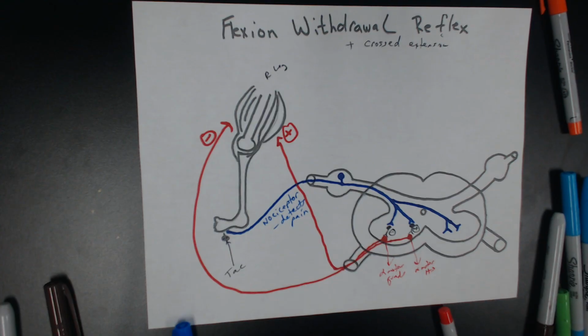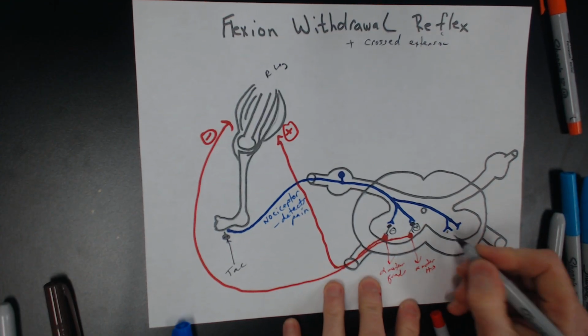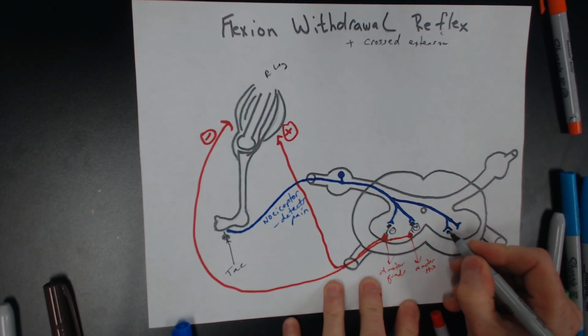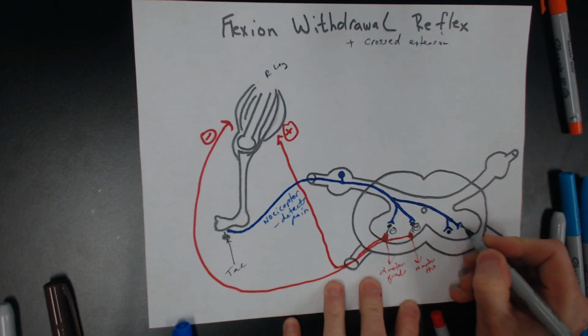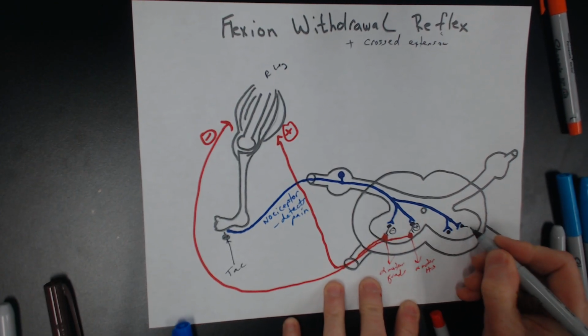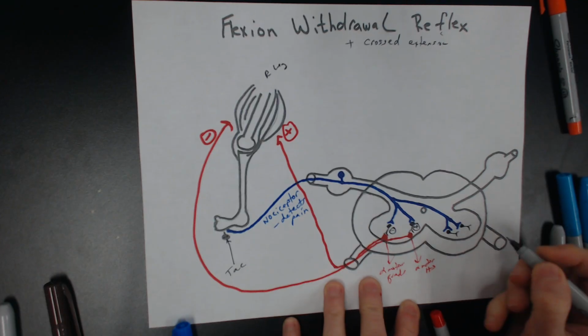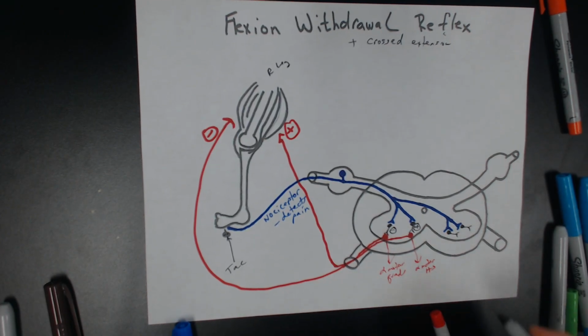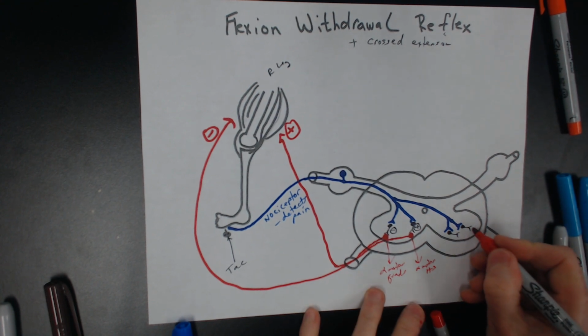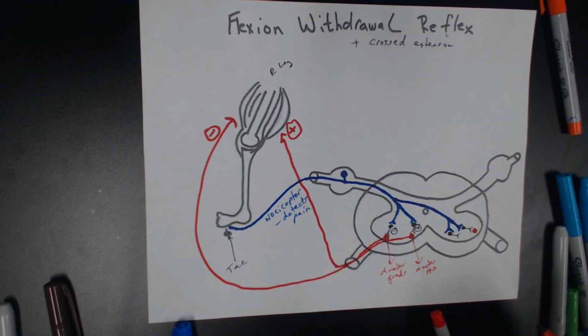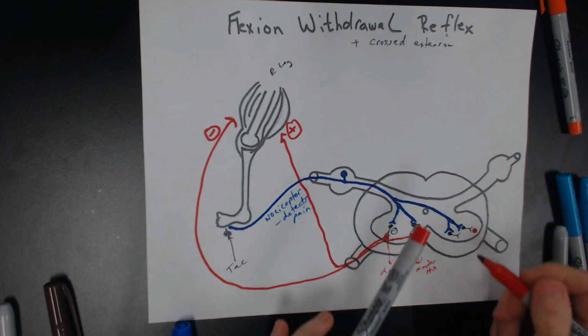Okay, so again, just interacting through an interneuron, a connector neuron. One is going to be inhibitory. So let's keep it the same. The one that I want to be activated on the opposite side, just stimulatory, is going to be my alpha motor neuron for my quads.